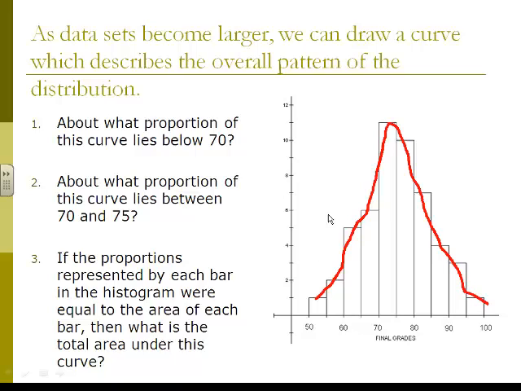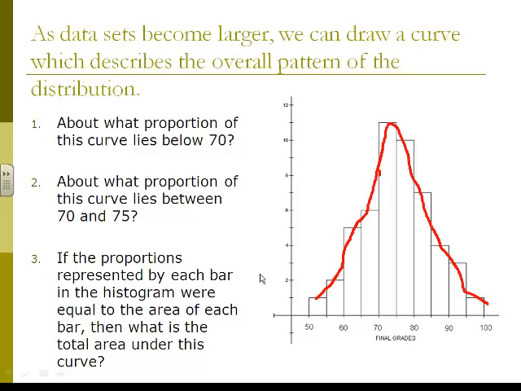So you would say, here's 70. You would estimate that from 70 down would be these four bars, which we just did a minute ago and said was 28%. And between 70 and 75 would be this bar, which we said was 22%.